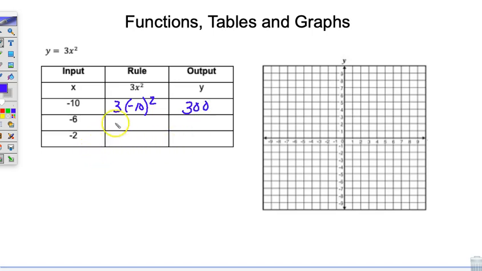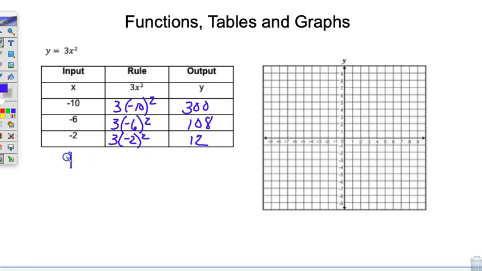In the next one, we have 3, open parentheses, -6 squared. This we would do first. -6 times -6 is 36, and 36 times 3 is 108. And finally, we have -2 squared. That would be 4 times 3 is 12.